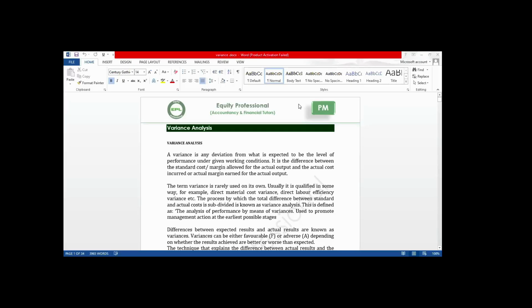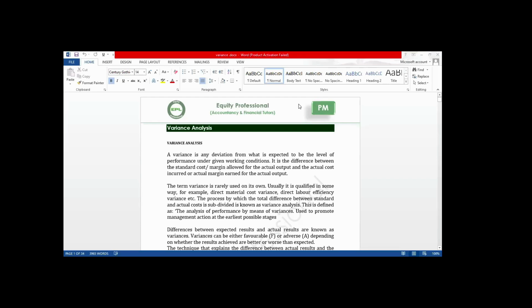Variance is when actual result is different from budgeted plan. Your variance is a situation where your actual profit is different from your budgeted profit. Variance, a situation where your actual cost is different from your budgeted cost.